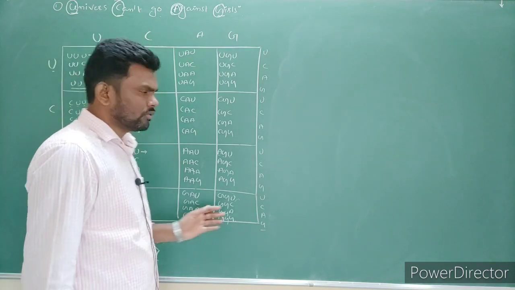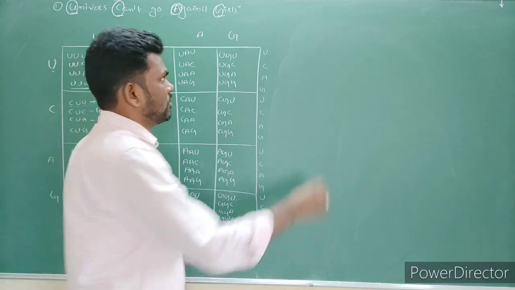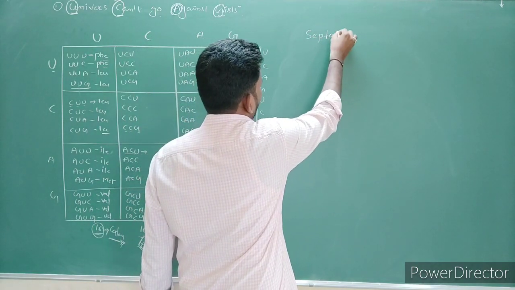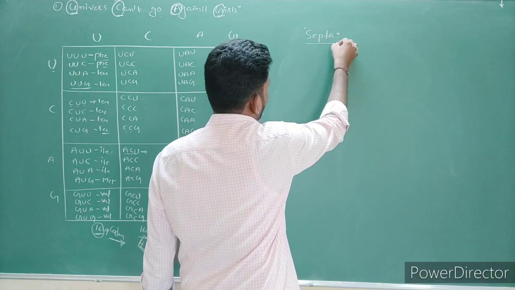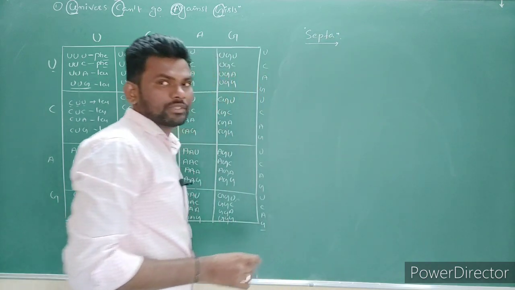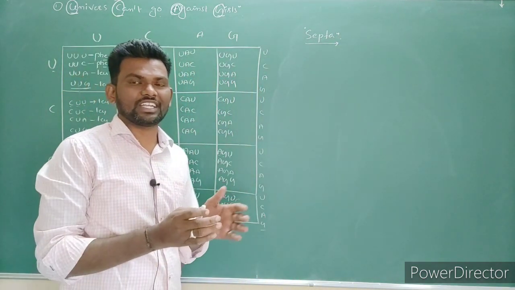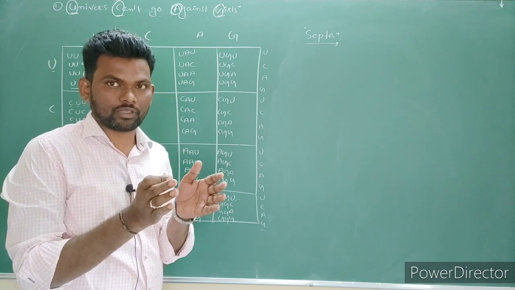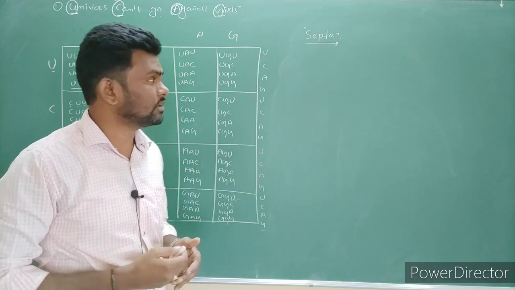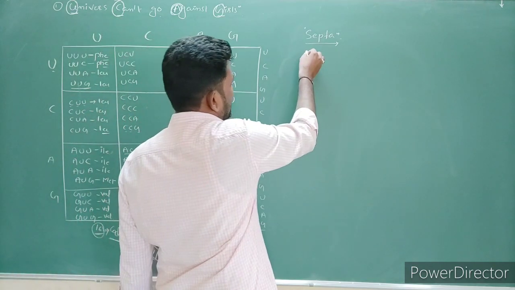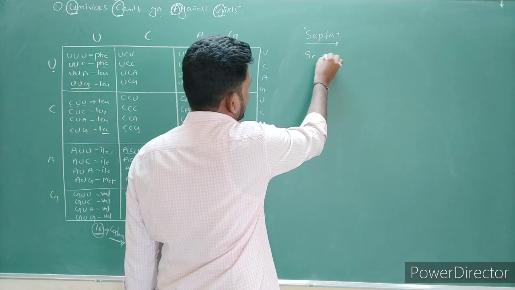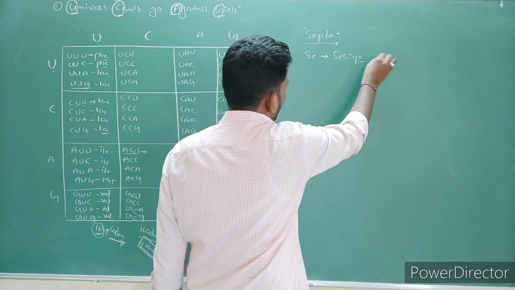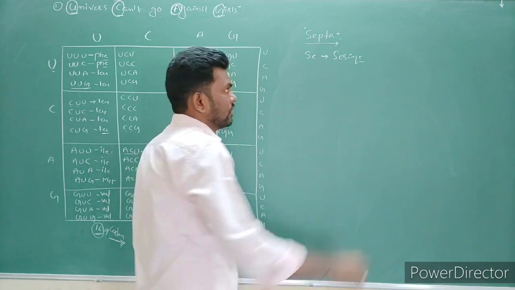To remember this, again one small line, that is very small line: septa. What is septa? You know that already. If septa is absent, then what happens? A multi-nucleus condition is formed. The septa separates the two nuclei. It is one small layer. So here we are using Se. It means serine.